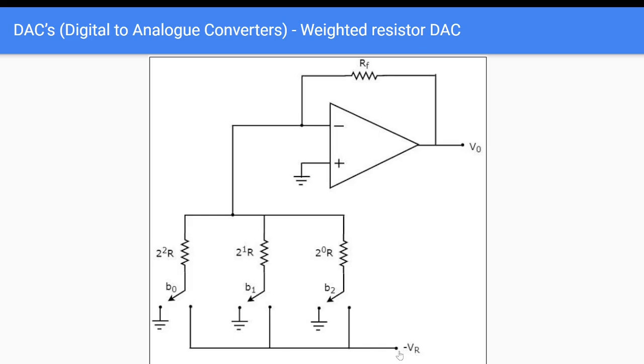If all are closed, the voltage will be minus VR, but there will be more current getting into it, and that basically converts this digital information, making it on and off, to the respective higher voltage. Again, it's a 3-bit, 2 to the power 3 is 8, so you have up to 8 voltage levels at the output. This is a very simple weighted resistor DAC functional block diagram.